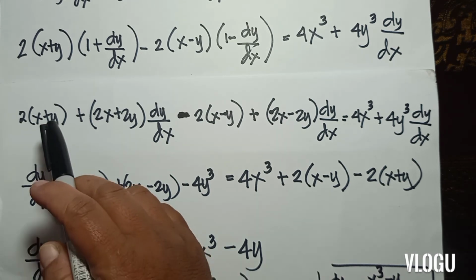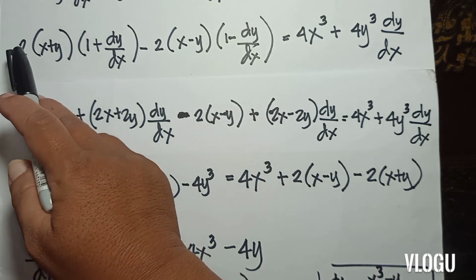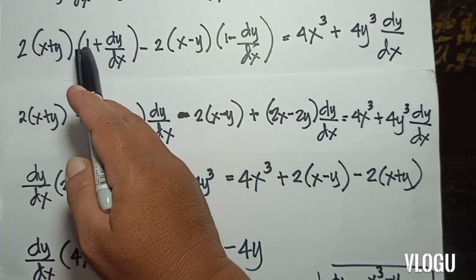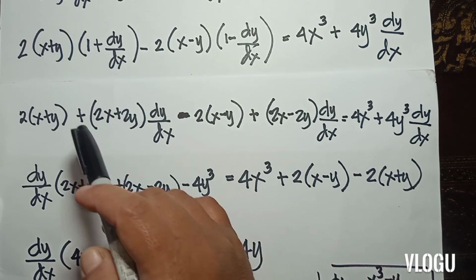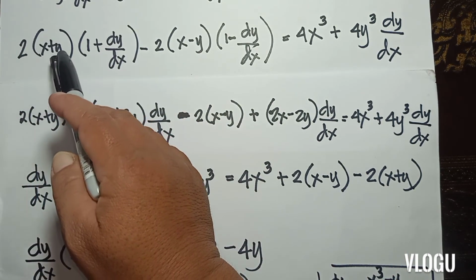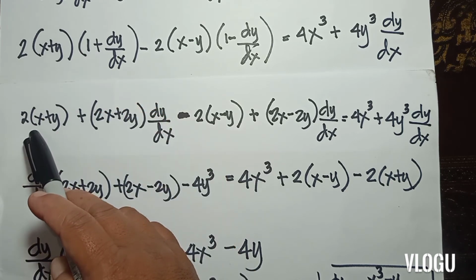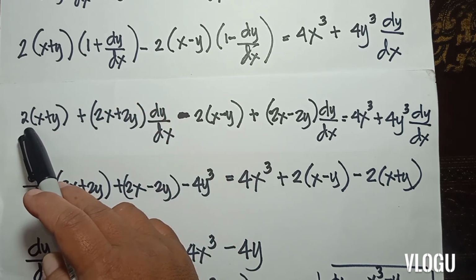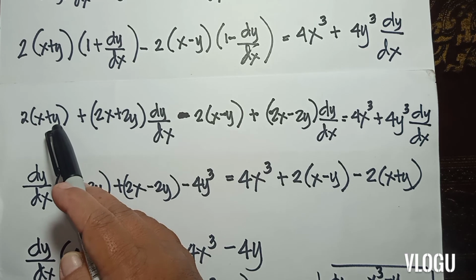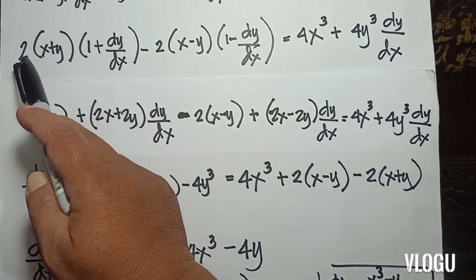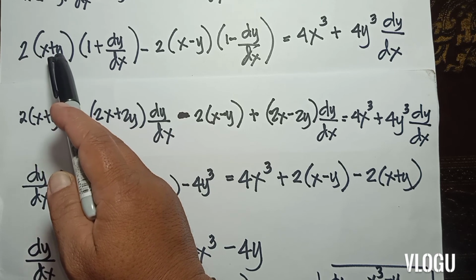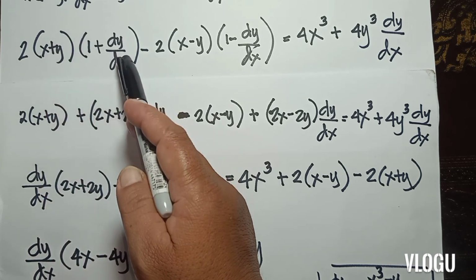So we are going to multiply 2x plus y inside 1 plus dy/dx. So what will happen? 2x plus y times 1, that's the reason we have 2x plus y. Then multiply again inside, 2x plus y times dy/dx.